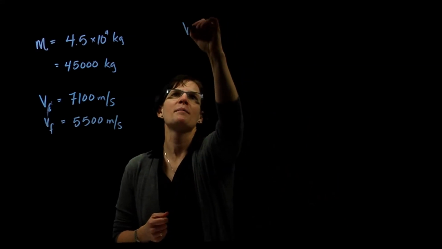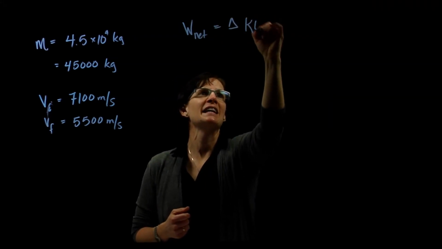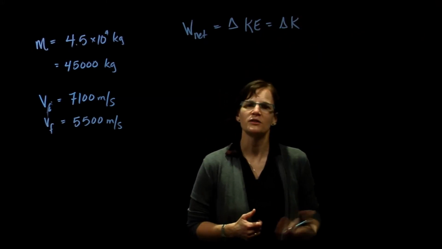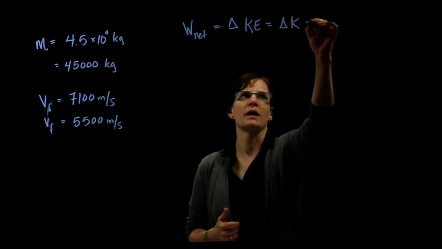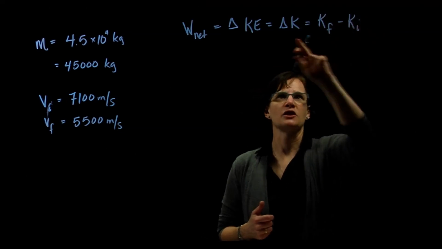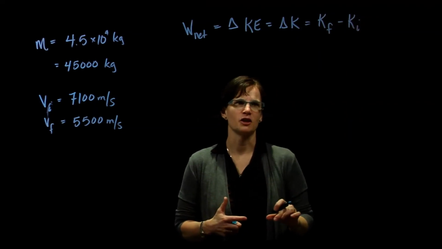So we want to remember that the net work is equal to our change in kinetic energy. And we've been just using K, but just as a reminder, you sometimes will see that KE. So our change in kinetic energy, which we want to keep in mind, is our final kinetic energy minus our initial. Anytime we have a delta, a change in, it's final minus initial.